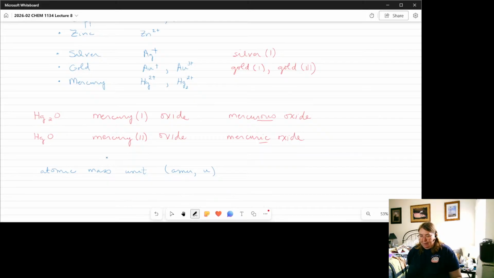Now, an atomic mass unit, so 1 U or 1 AMU, is kind of the mass of a proton.